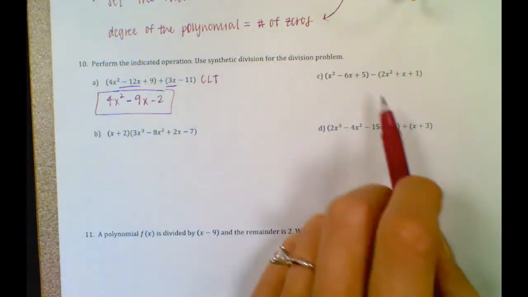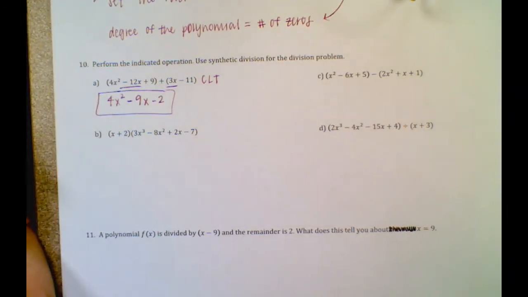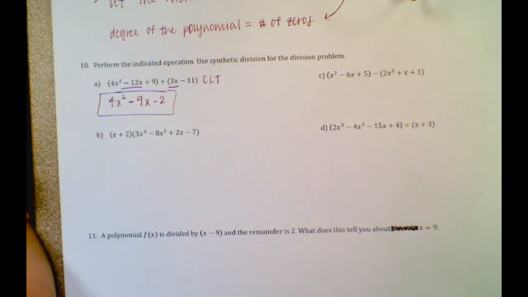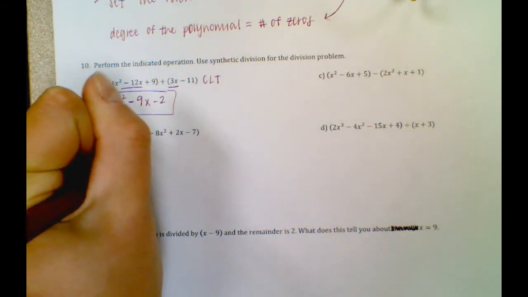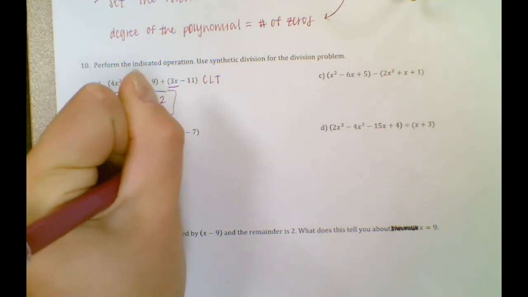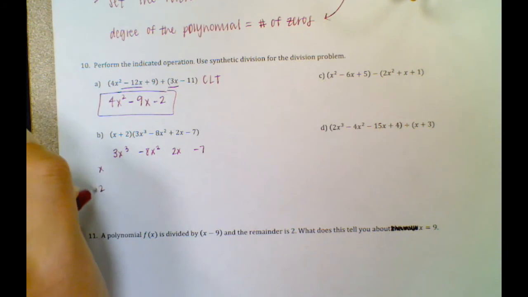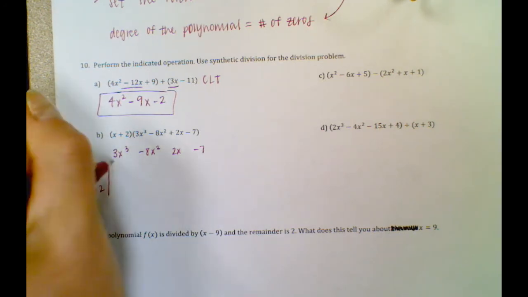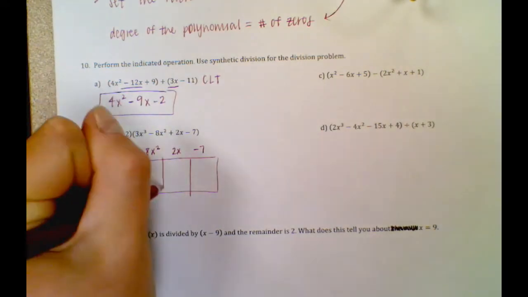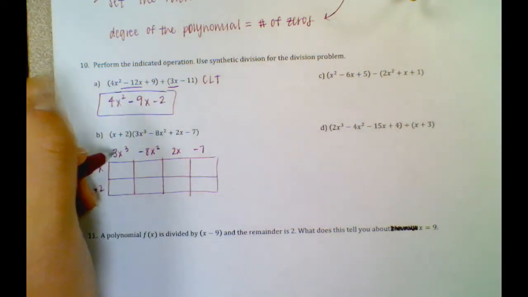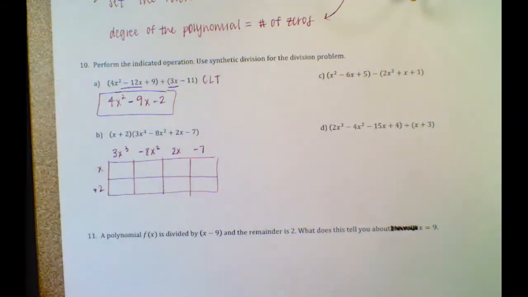Okay. Letter B. This is multiplication, so you're going to either distribute or use the box method, okay? I do not care what you guys decide to do. Just for, like, neatness, I'm going to use the box method here. All right, and remember the box method, you're just going to multiply the terms together to fill in the box.